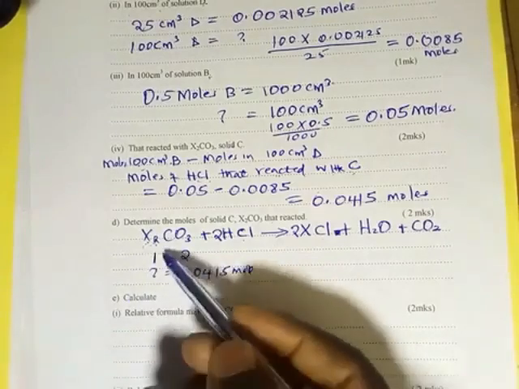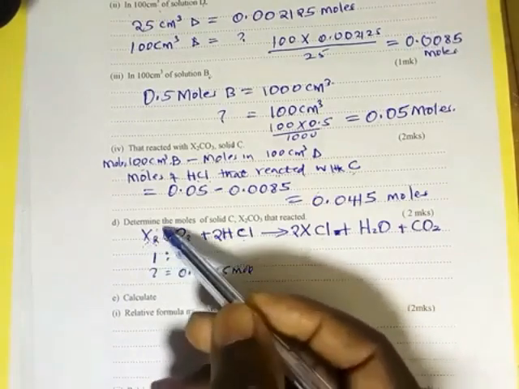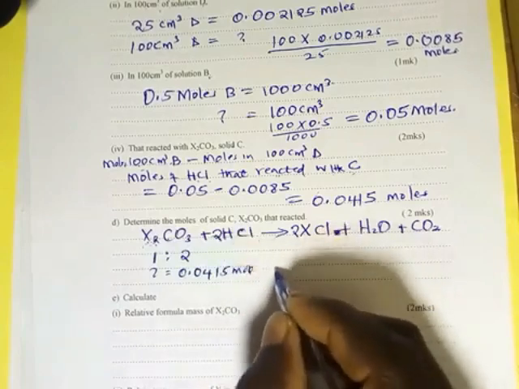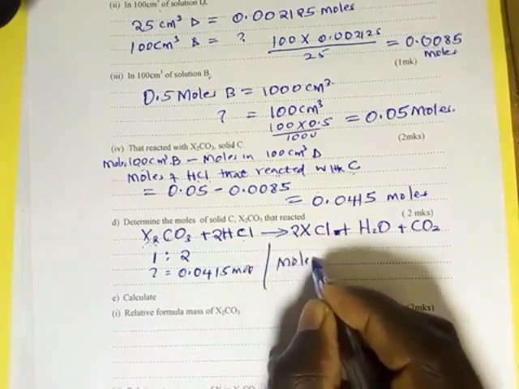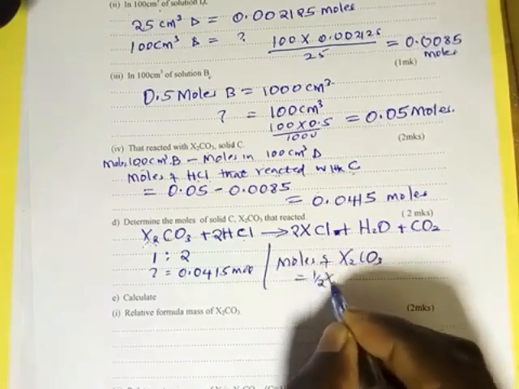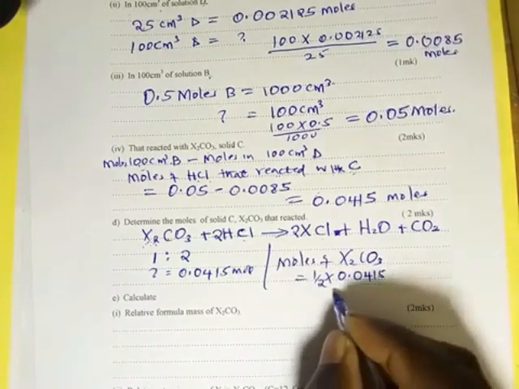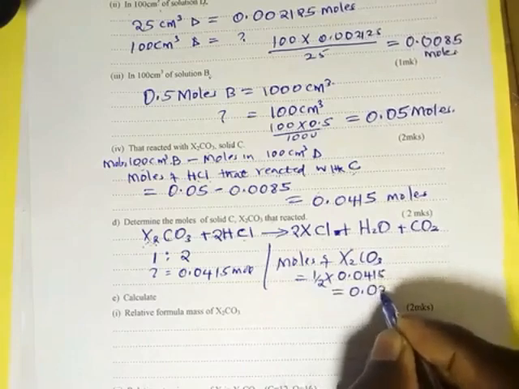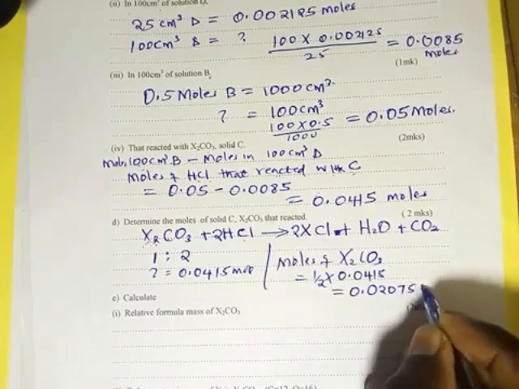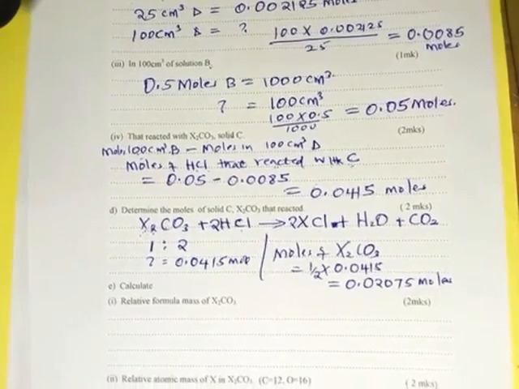Because this one is 1 to 2, the number of moles of the carbonate is going to be a half that of the acid. So moles of X2 carbonate equal to a half times 0.0415, which is equal to 0.02075 moles. A half of that one.